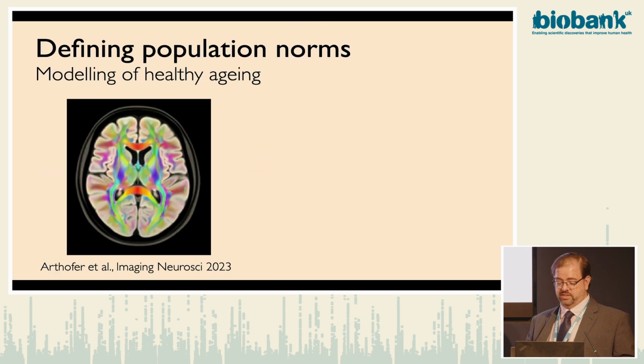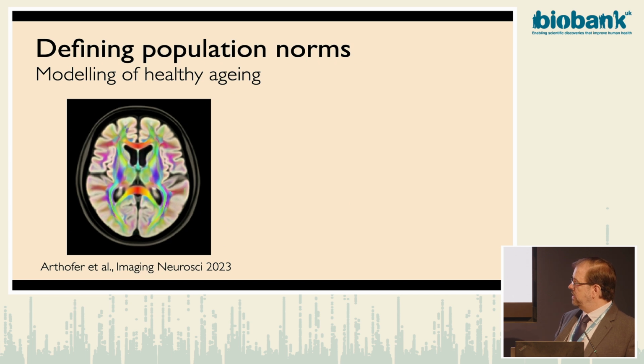We have also studied the healthy aging of the subjects, and this is a video where you can see that with age the ventricles of the brain increase, and we have only been able to create these age-dependent atlases thanks to the rich data that we have. And we can use it to compare subjects with the average, with the atlas.